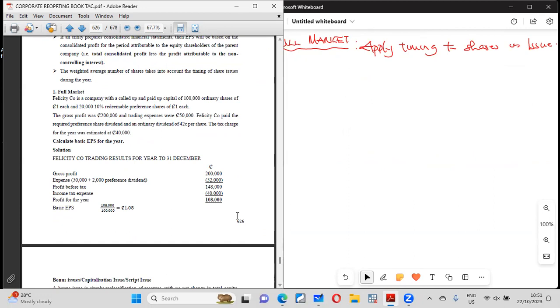It's at full market. Look at this. Fidelity Company is a company with a called up and paid up capital of 100,000 ordinary shares of 1 cedi each and 20,000 10% redeemable preference shares.